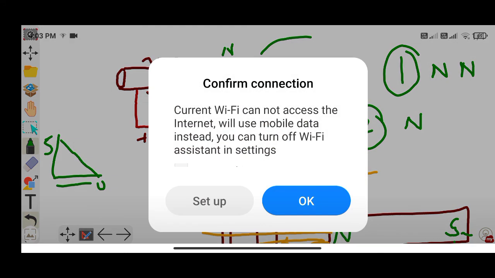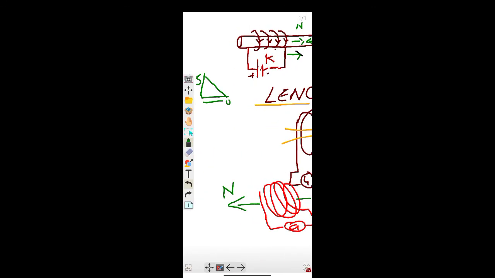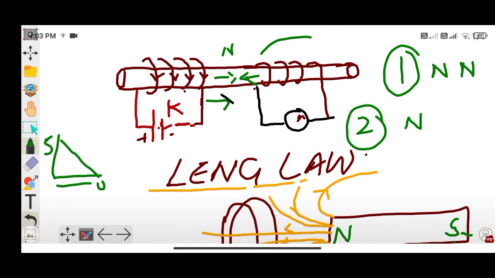So how should it oppose? It can oppose by generating a south pole in this way. So in this case, because it was having north and north, it will now be having south, so that north and south will attract each other.